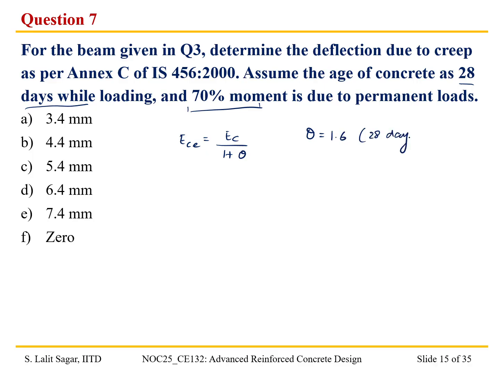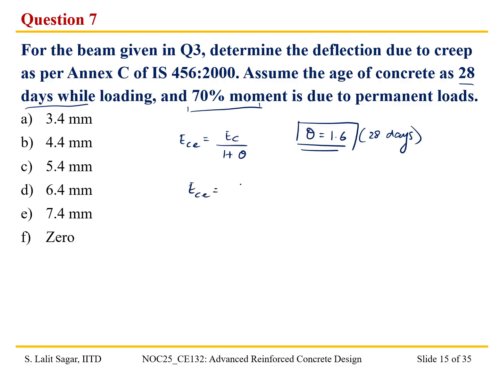I would suggest all of you to look at the clause in the IS code. I have not taken note of the exact clause where we get this value of theta, but we'll take this and find out the value of E_ce.